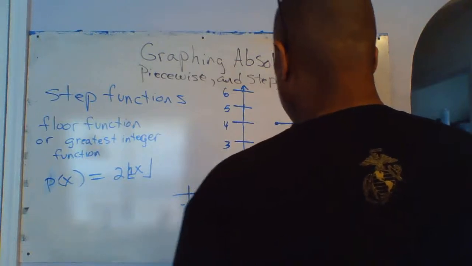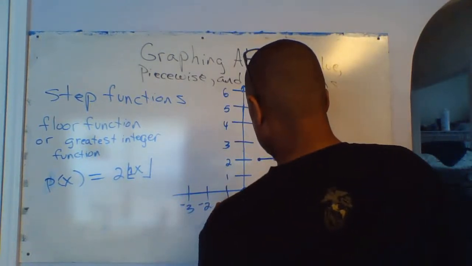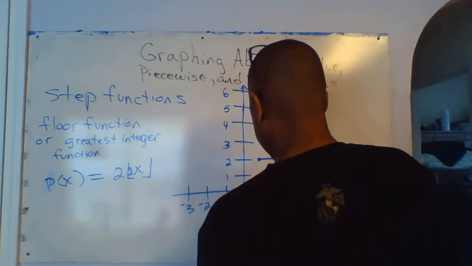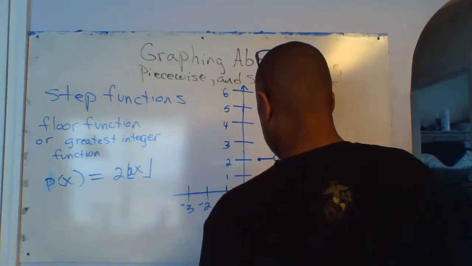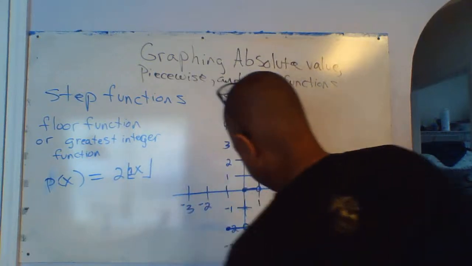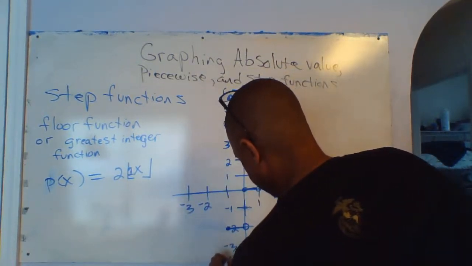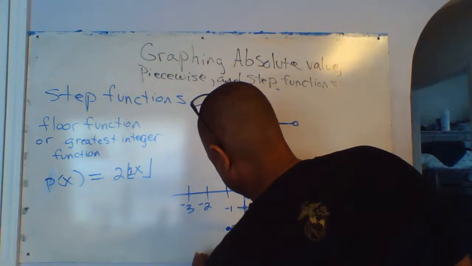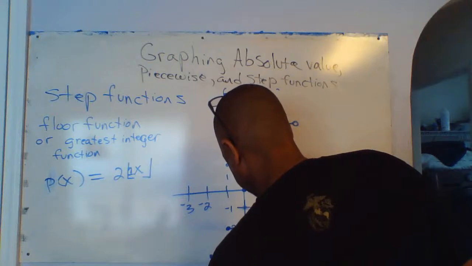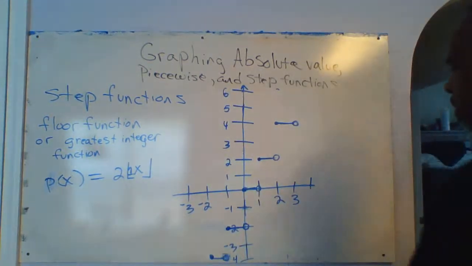So if I go to -1, it should be open here and closed here. And then I could go down here, open here, go over to -2, close it. And you could just continue that.